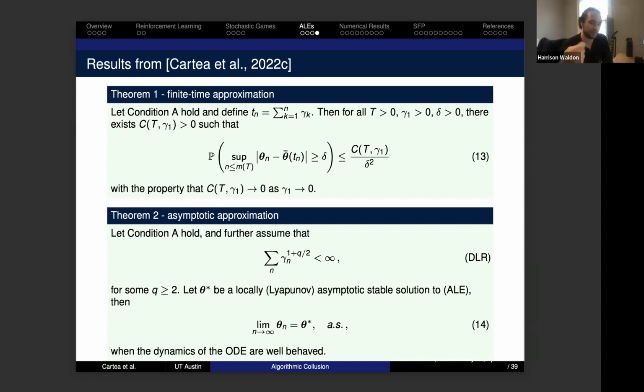So we need that the asymptotic approximation holds when the dynamics of the ODE are well behaved. So this first theorem just says that when the learning rate is small enough, we have a finite time approximation. And theorem 2 says that if the learning rate decreases to 0 fast enough, then we can have an asymptotic approximation as well.